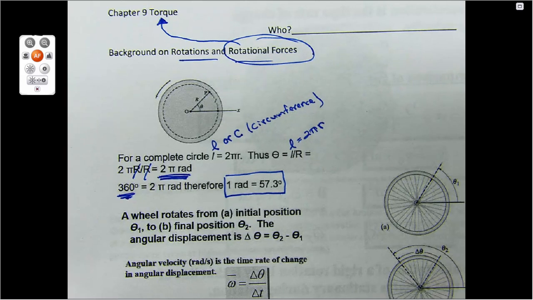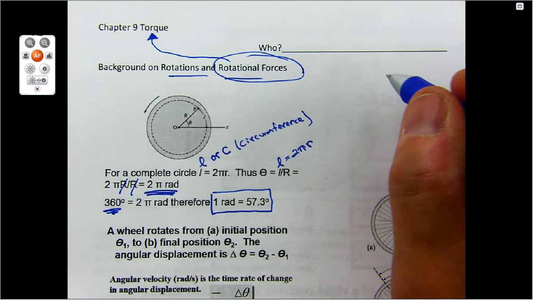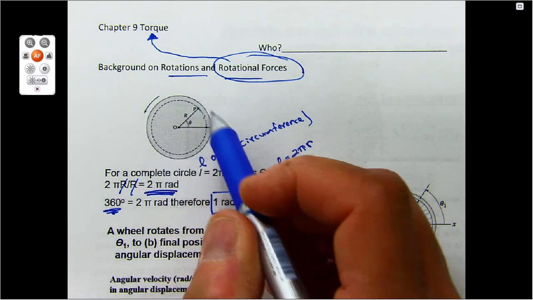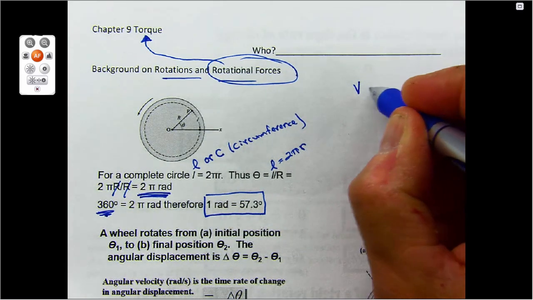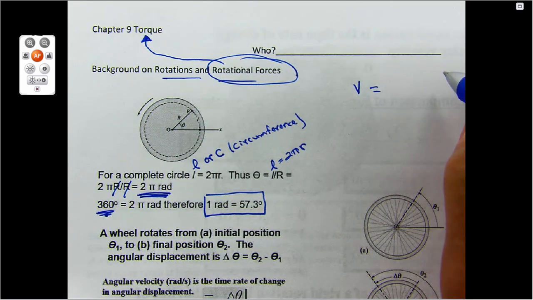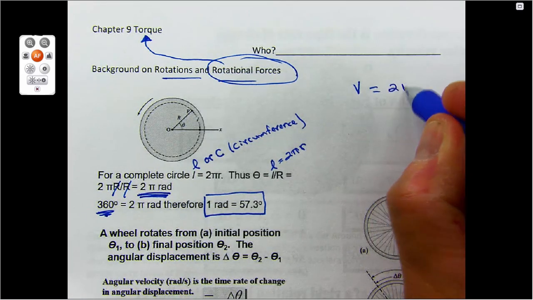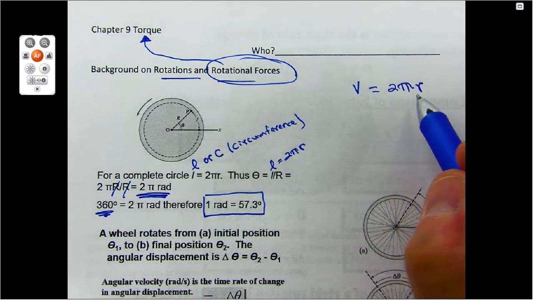Now, if you just said, okay, I have a wheel. How fast is it going for a velocity? If you just wanted to do the regular velocity that we've done, the distance would be 2 pi r, right? That's going to give you meters.